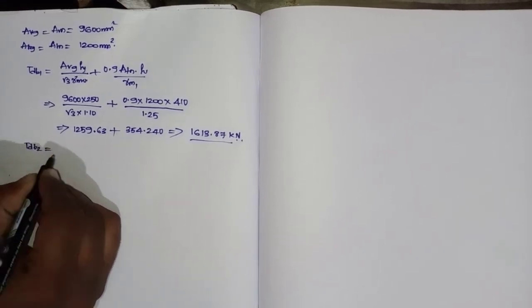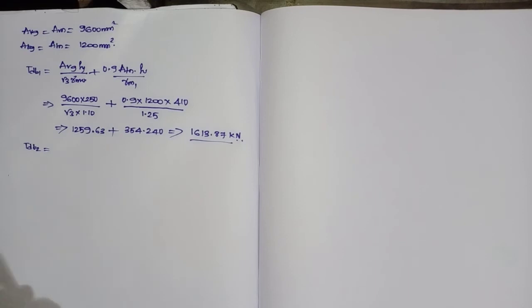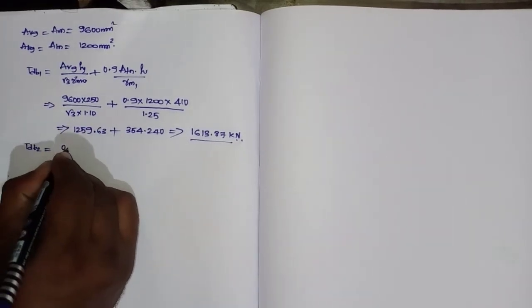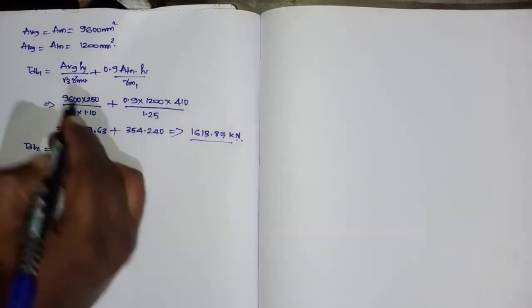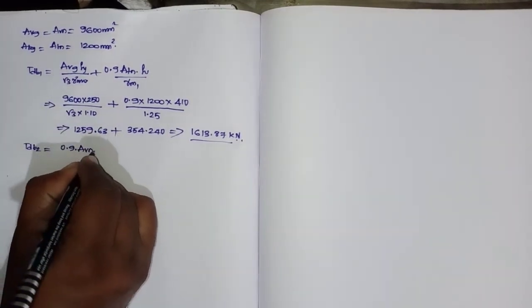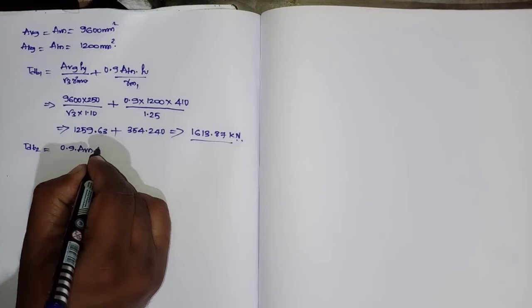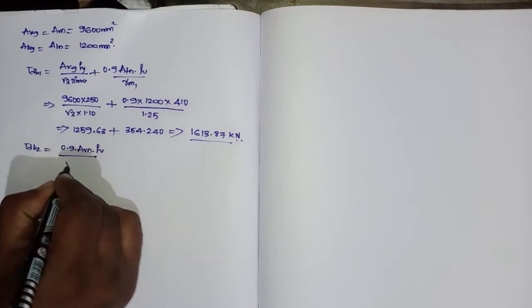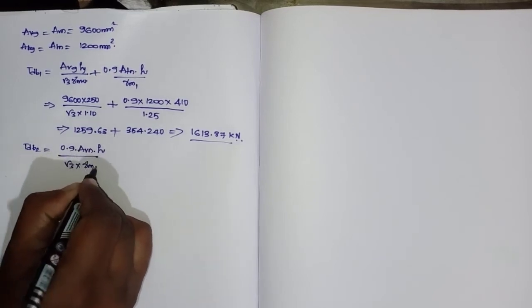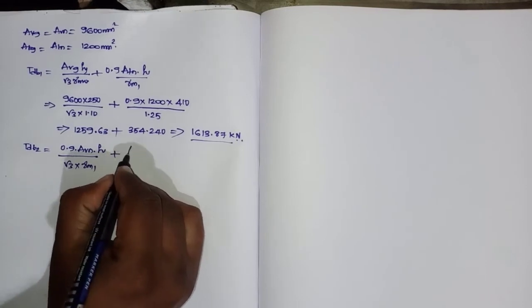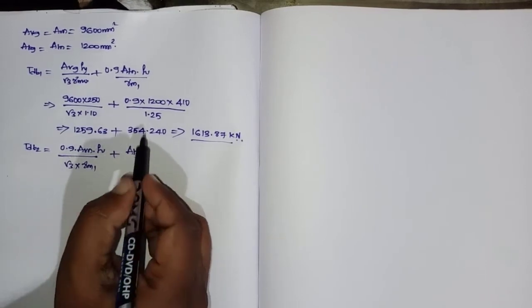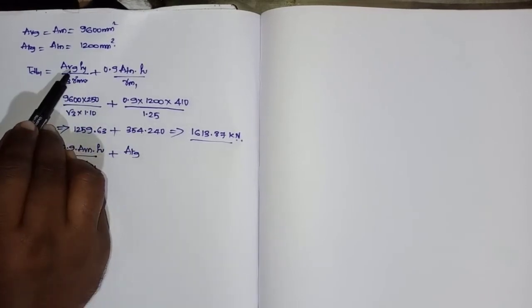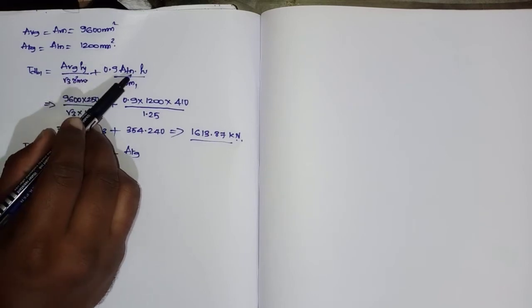Next, TdB2. Okay, how much it is? 0.9 into this AVG means it is what? AVN into Fu by root 3 into gamma m1 plus ATG. Here gross average shear will come, net tension will come.